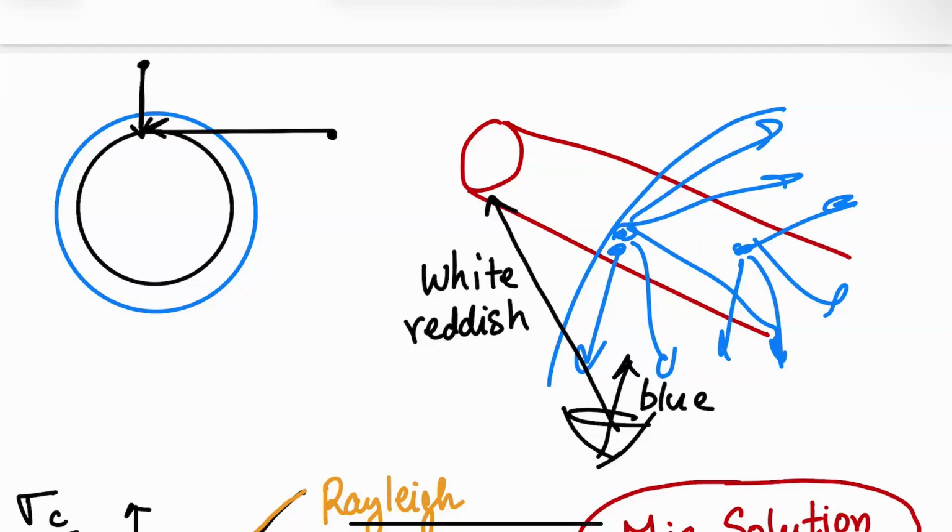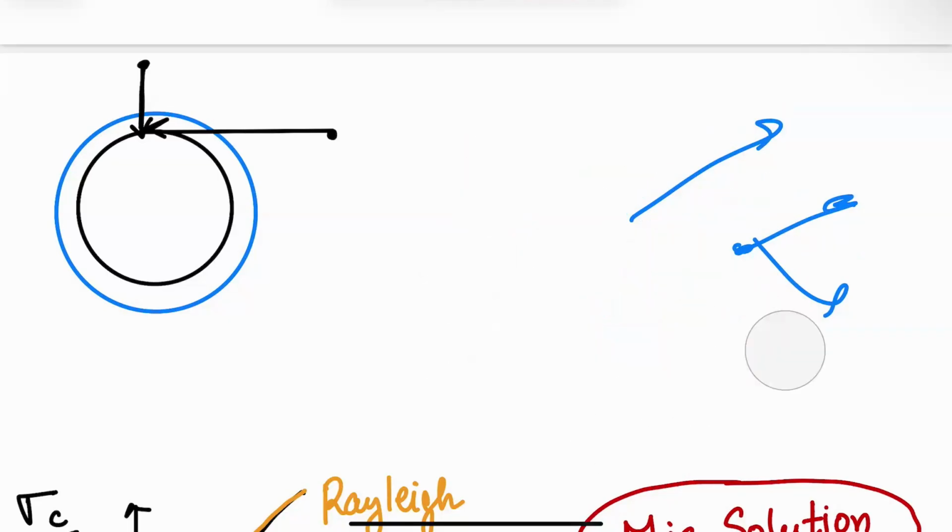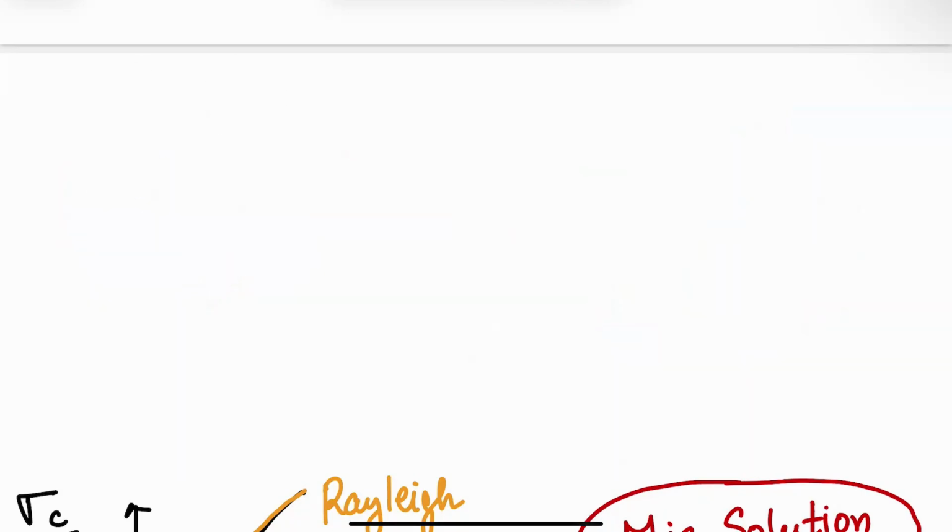Okay? What about sunsets? Right, so during sunset, you have your eye out here. It's not a very nice eye, I guess. Something like that, let's say. And the sun is somewhere out there, and the sunlight is coming this way.